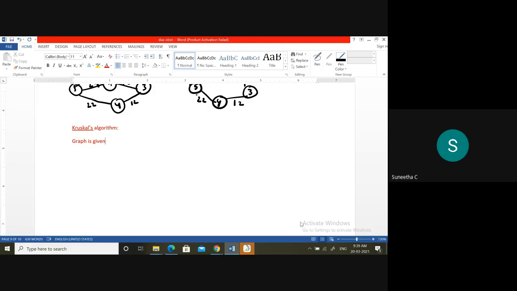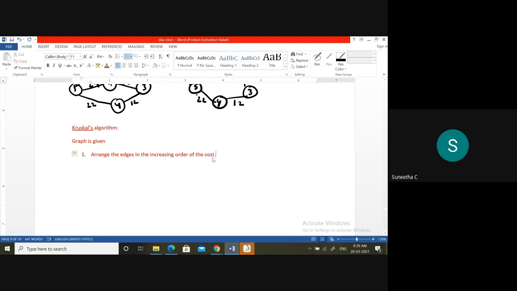If you are confused by that procedure, then there is another procedure. First of all, we have to arrange the edges of the graph in the increasing order of the cost.